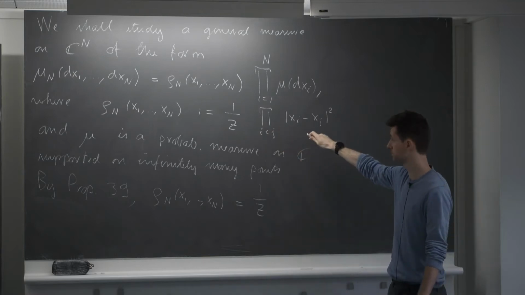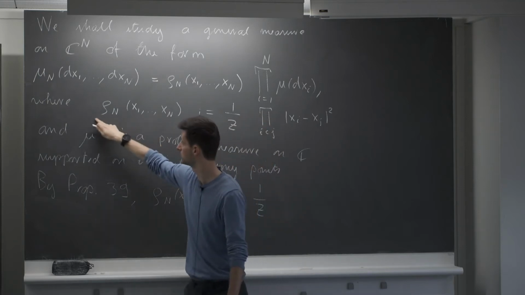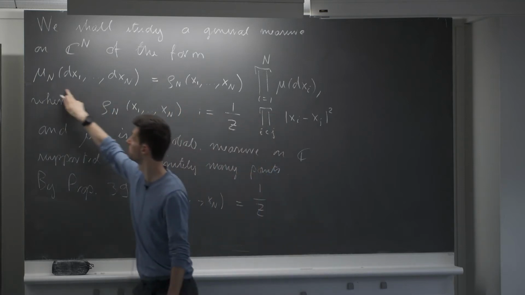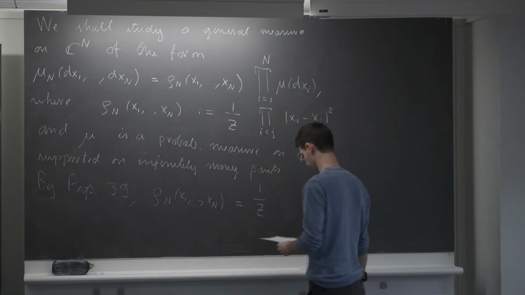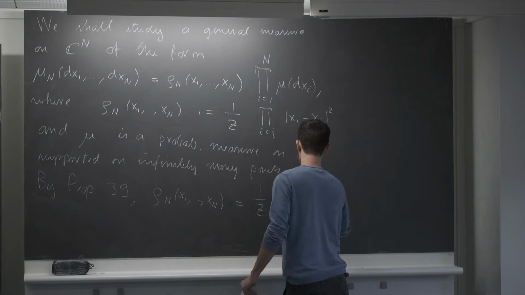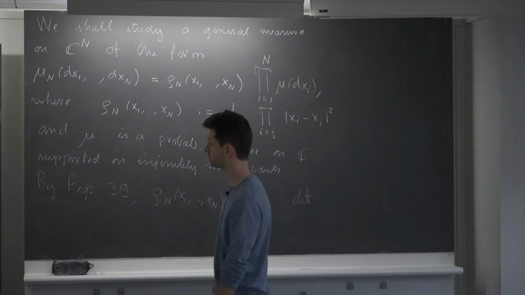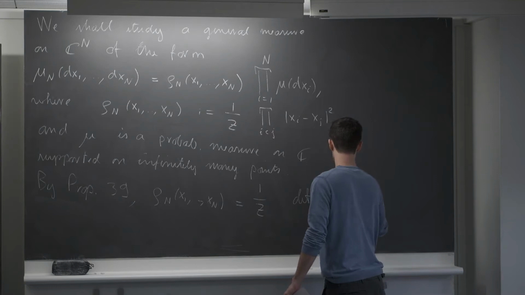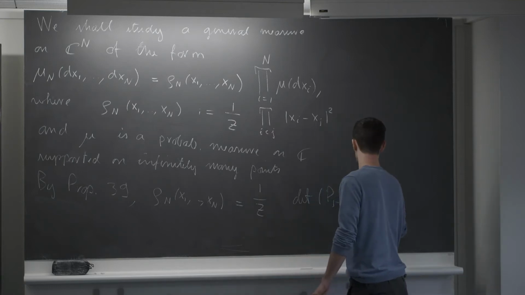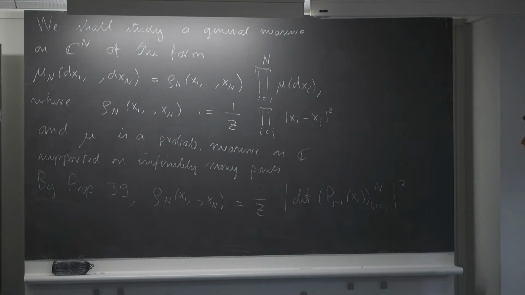They are just always chosen so that whatever I write here is a probability density. So I have to choose my z in such a way that the integral is 1. So this van der Monde determinant without the square was given by proposition 39, and so I can just square it. Okay, so that's my density.